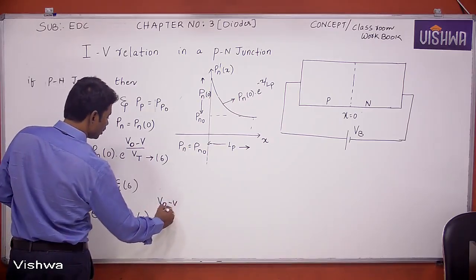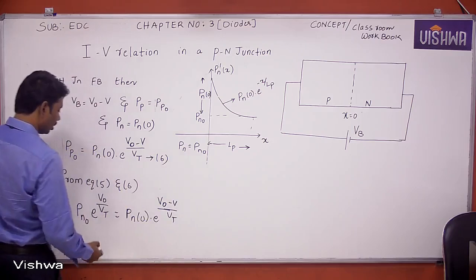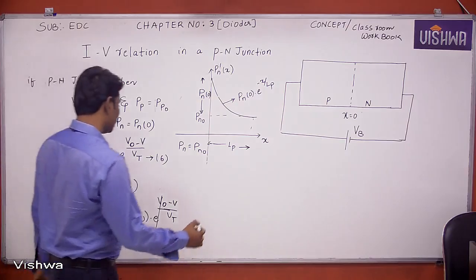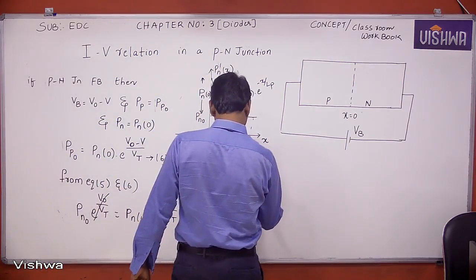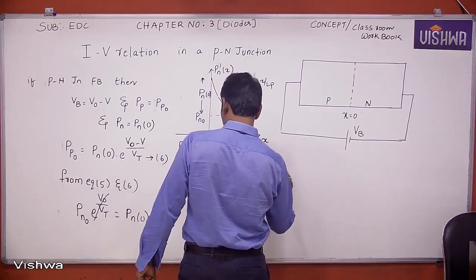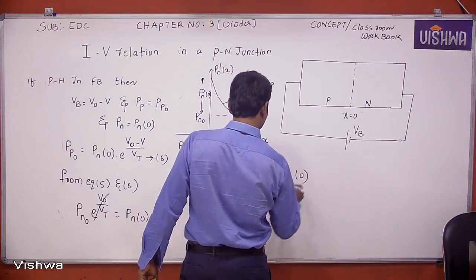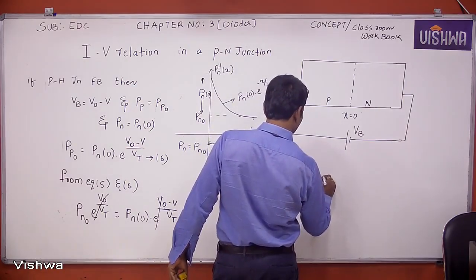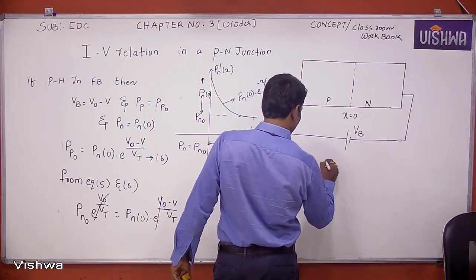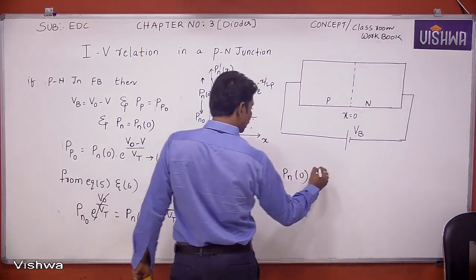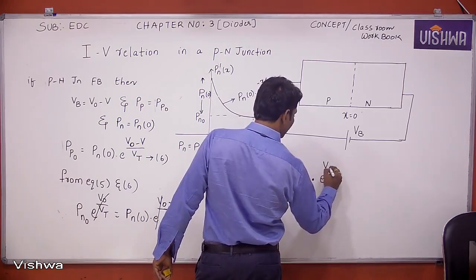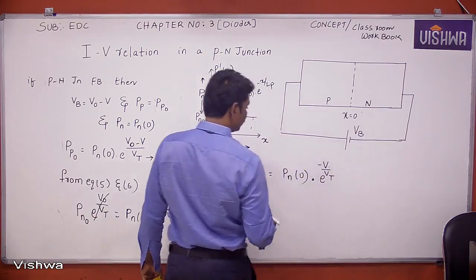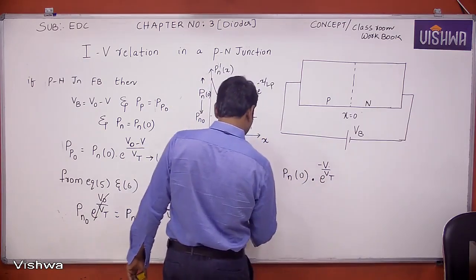V0 minus V by Vt. Here this and this cancel each other, and what is the expression? Pn0 equal to Pn of 0 into e power minus V by Vt. From this, what is Pn of 0?